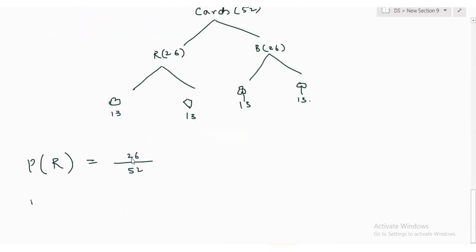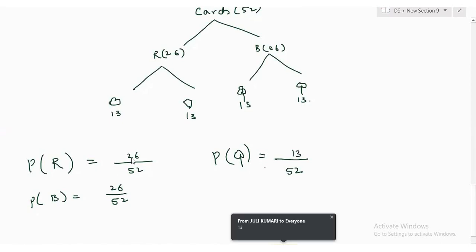What is this? Again, 26 divided by 52. What about this? How many cards are there? 52. How many are in favor of this? 13. So 13 by 52.